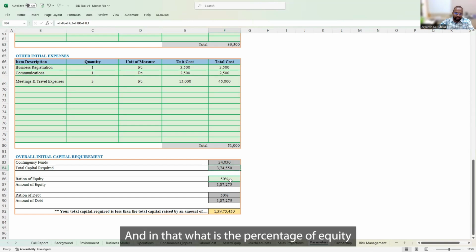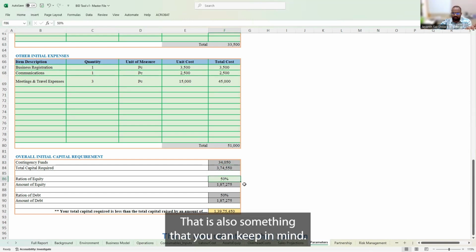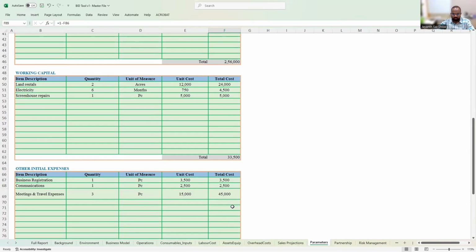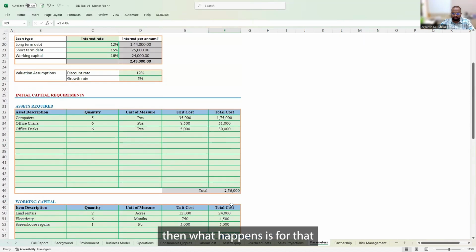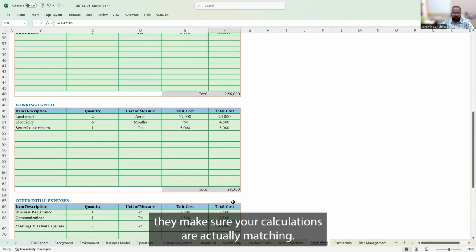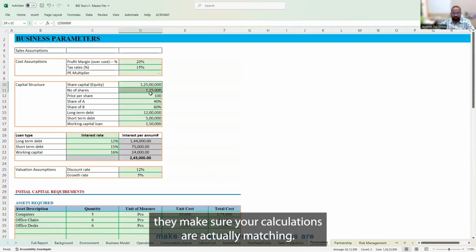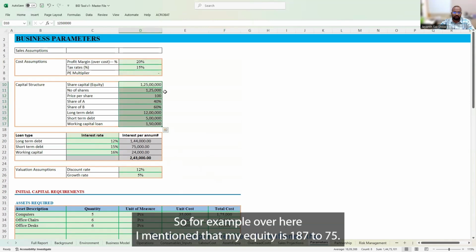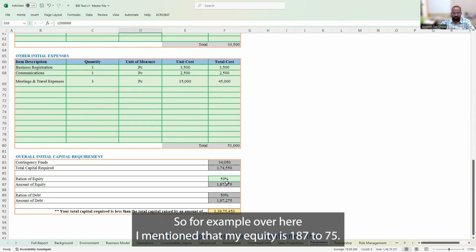You, for example, require $374,550. And in that, what is the percentage of equity and the percentage of debt? That is also something you should determine. For example, if it is 50% equity and 50% debt, make sure your above calculations are actually matching. For example, over here, I mentioned that my equity is 187,275.